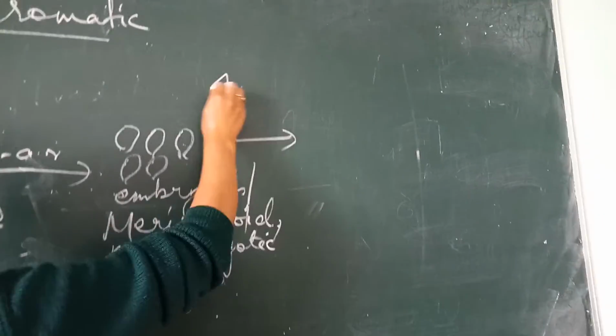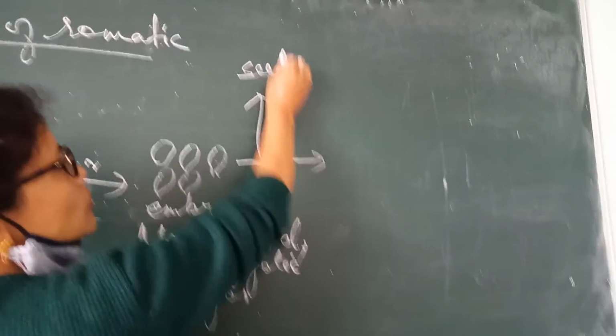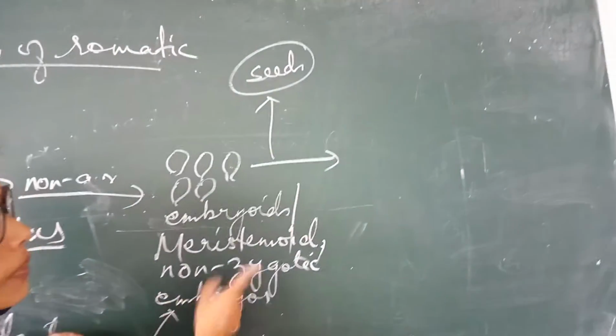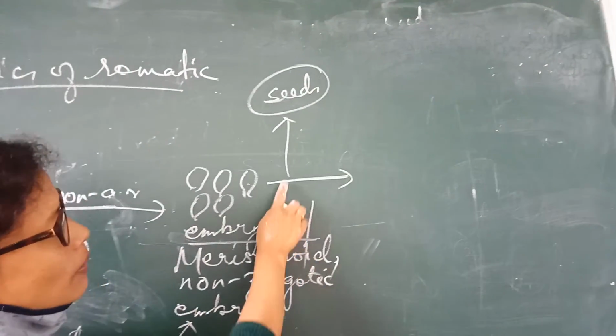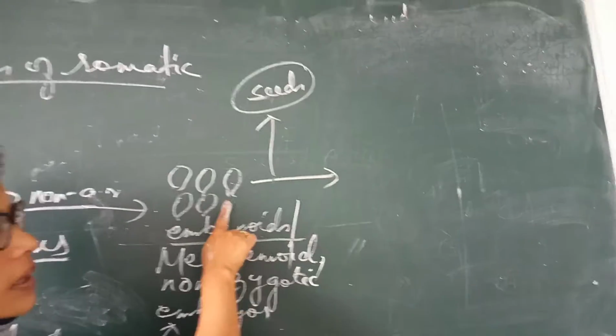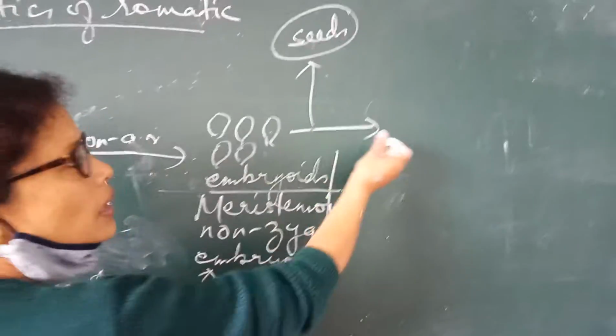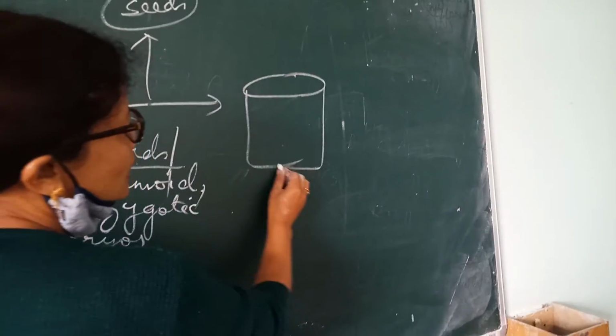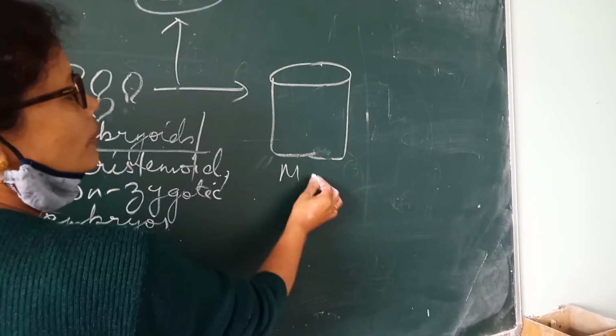I want to make them into a seed so that I can store them. Now we move to the next topic. These are the embryos. I want to convert them into a seed so that I can store them. So what will I do? I will take a beaker, and in this beaker I will add a matrix.